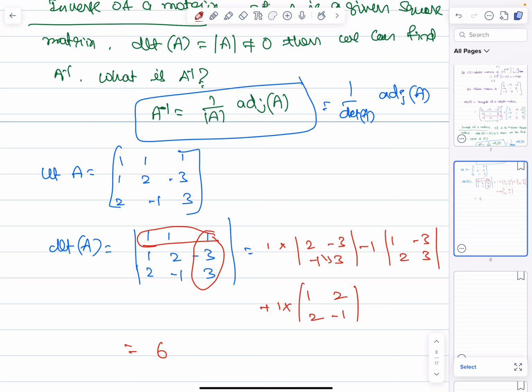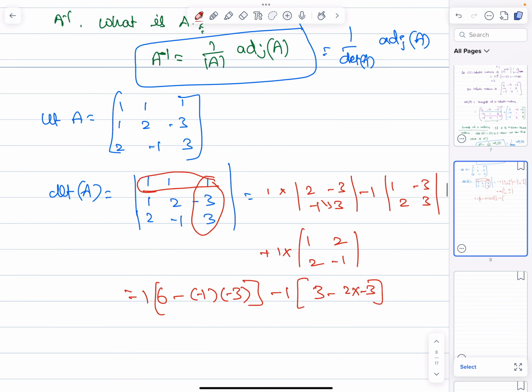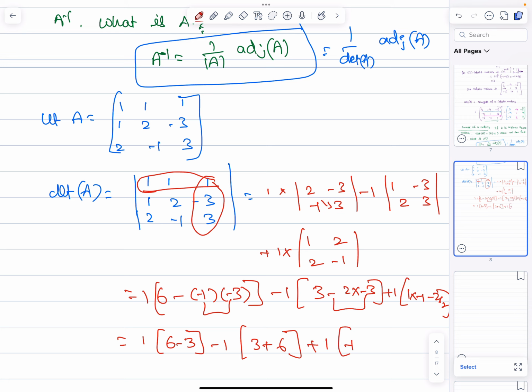So whenever you are moving, minus of minus 1 minus 3 multiplied with 1, plus of minus 1 multiplied with 3 minus of 2 into minus 3, plus 1 into minus 1 minus 2 into 2, which is equal to 1 into, minus into minus is plus, therefore the minus sign is already there, therefore 6 minus 3 minus 1 into 3 plus 6, this becomes plus 1 into minus 1 minus 4.